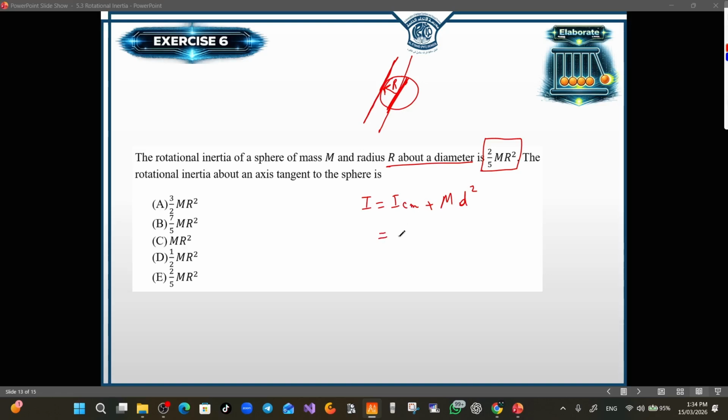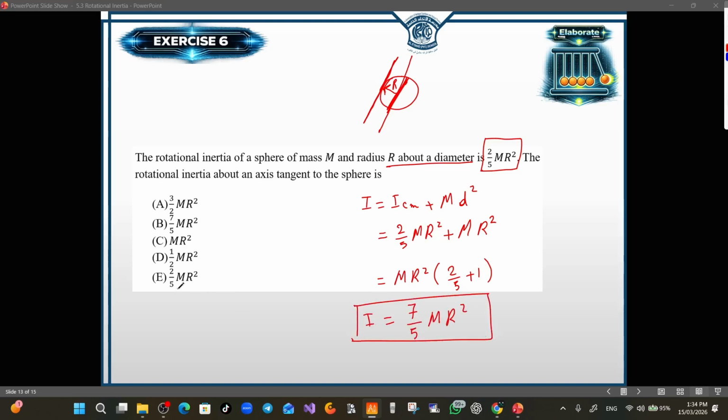The I center of mass is given by 2 over 5 m r squared, and the mass is the mass of the sphere. The distance between the old axis of rotation and the new axis of rotation is r, so d squared is r squared. So by taking m r squared as a common factor, 2 over 5 plus 1, the answer is 7 over 5 m r squared as the new moment of inertia. So the correct answer is B.